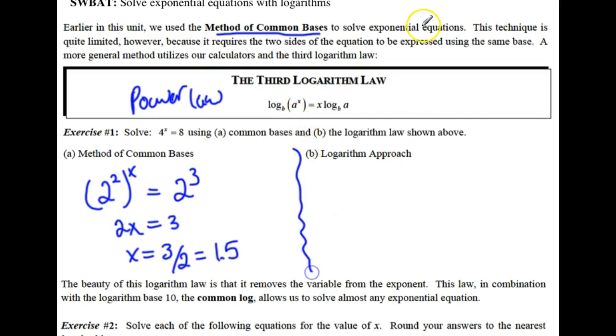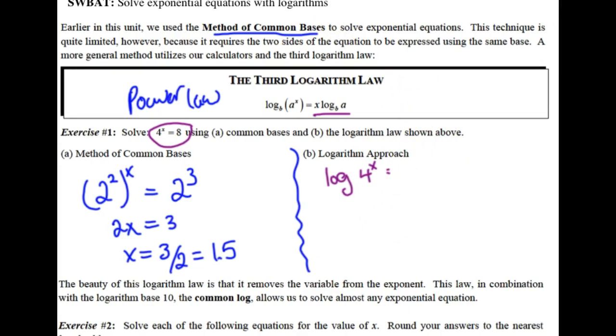Now, if I do this in the logarithm approach, it's the same exact thing. So if you look up here, remember my power law, I kind of went backwards. So the first thing, if I transfer this using my logarithm law, I would get the log of 4 to the x power is equal to the log of 8.